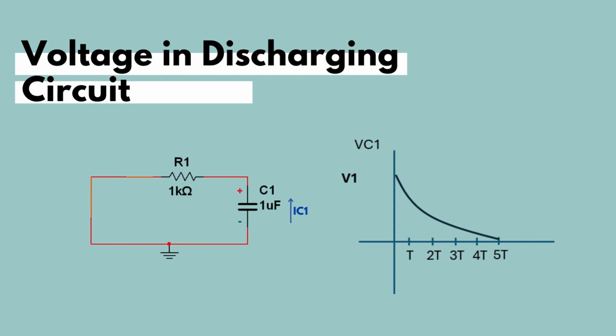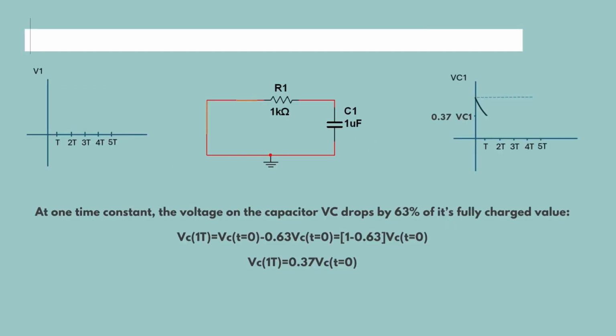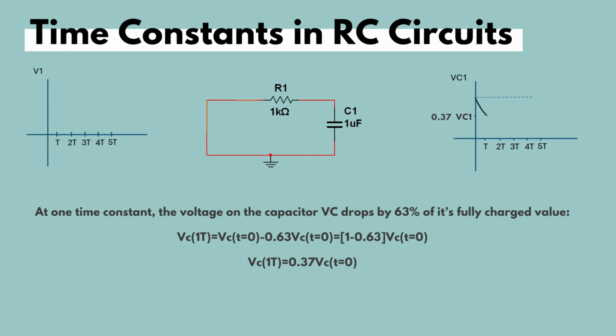At one time constant, the voltage on the capacitor, which is denoted by Vc, will drop by 63% of its fully charged value. That means that the voltage Vc at 1 tau is equal to Vc at time equals 0, when the capacitor is just beginning to discharge and is at its fully charged value, minus 63% of that value.